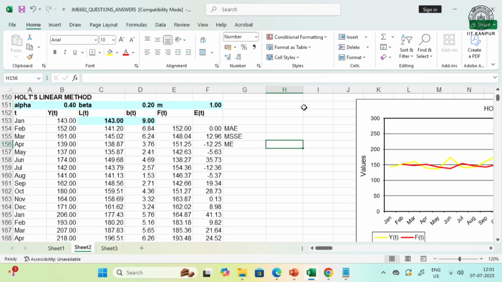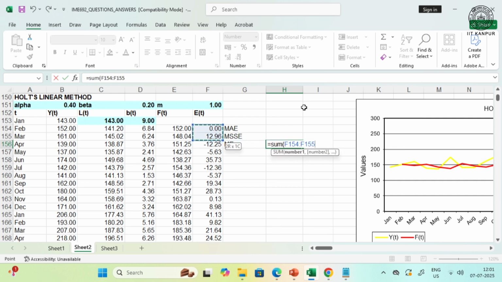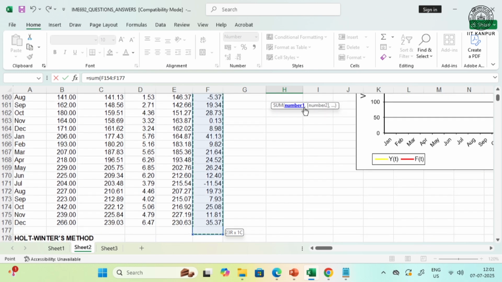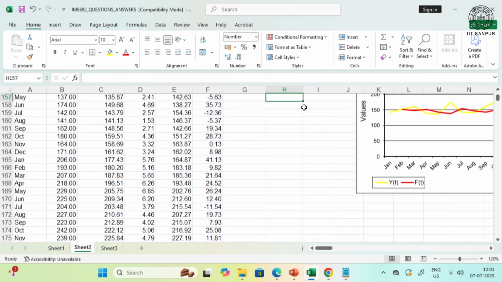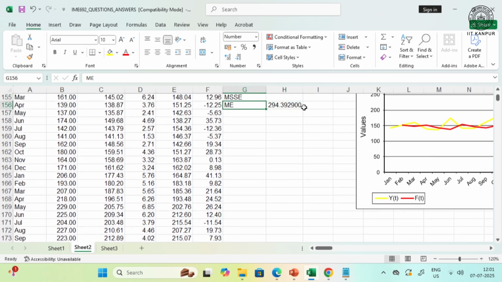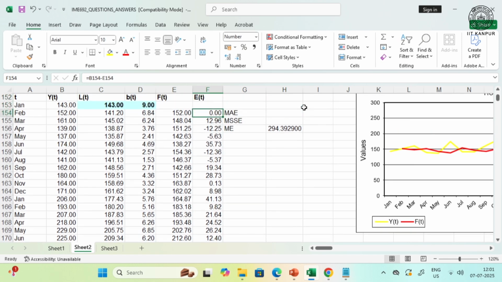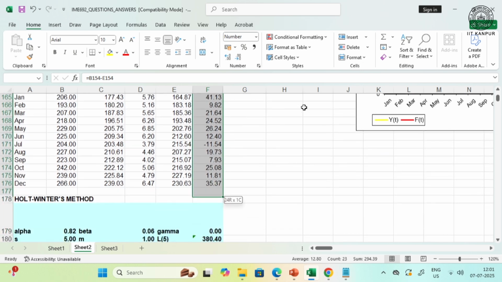Mean error is basically the sum of all the errors divided by the number of readings. So, that would be equal to the sum of all the errors, and if you find out how many such readings there are, let me double check once more.